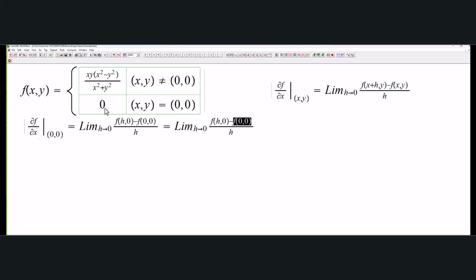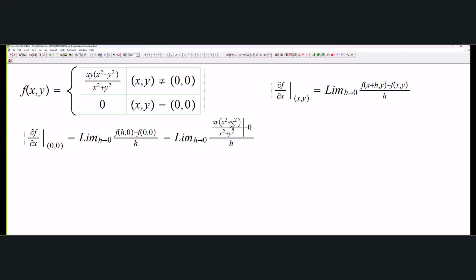So f(0, 0) is 0. And if you look at f(h, 0), that goes in this territory, because when we are taking the limit, we may just stay away from the particular value where we are taking the limit. Let's bring this over here.